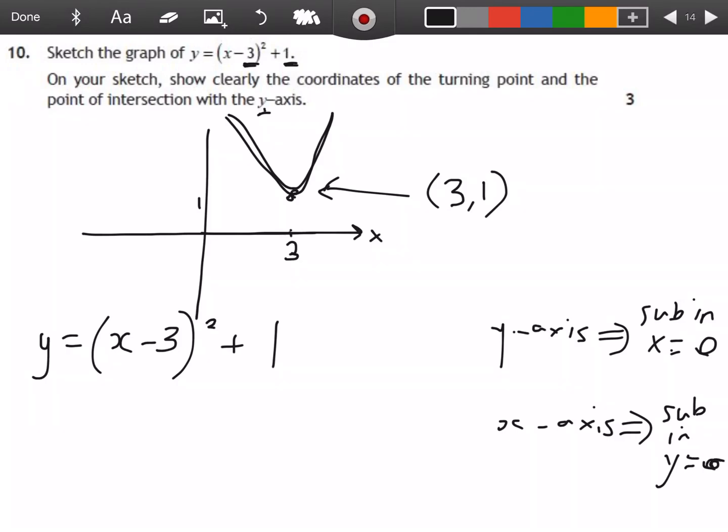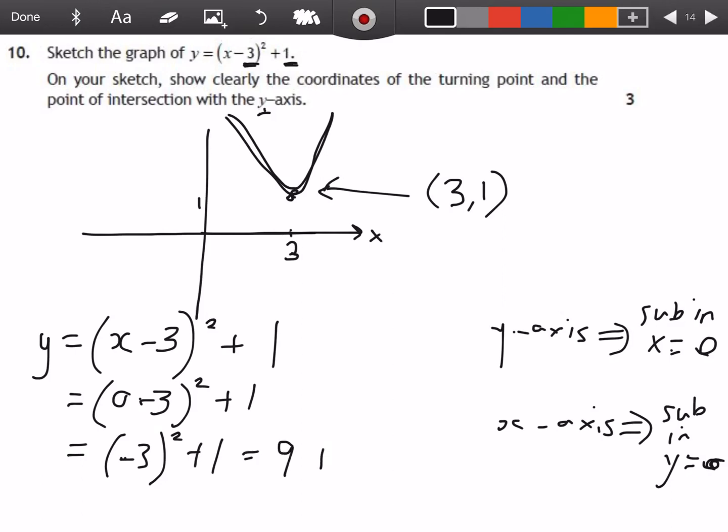So the question is, where does it cross the y-axis? So we're subbing in x is 0. Okay, replace x by 0. Really what you've got there is -3 squared plus 1. -3 squared, remember, is a +9 plus 1, which is 10.